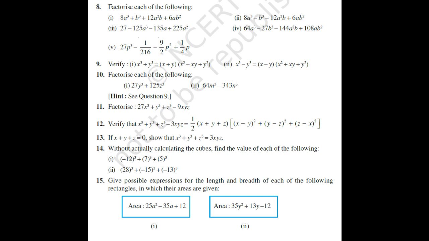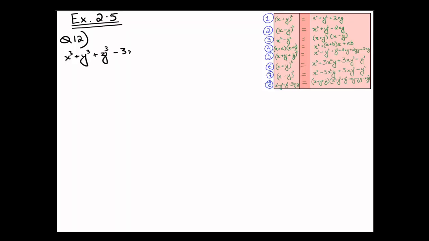On the left hand side we have x cube plus y cube plus z cube minus 3xyz, and on the right side we have 1 by 2 into x plus y plus z whole multiplied by x minus y whole square plus y minus z whole square plus z minus x whole square.